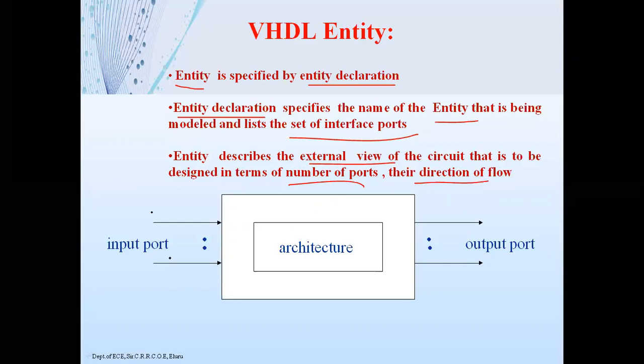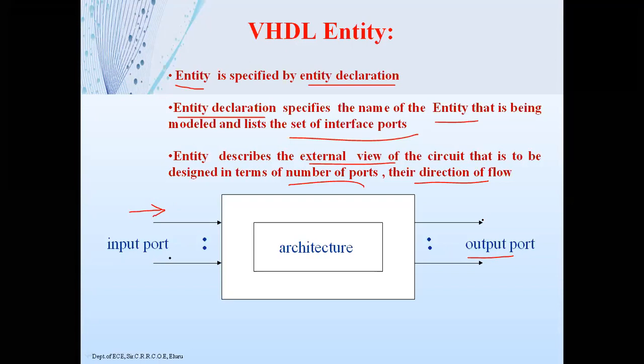When you say that it is an input port, the input port always accepts or takes the data only, which means the input port reads the data, whereas the output ports always write the data out. So the VHDL entity describes the external interface.